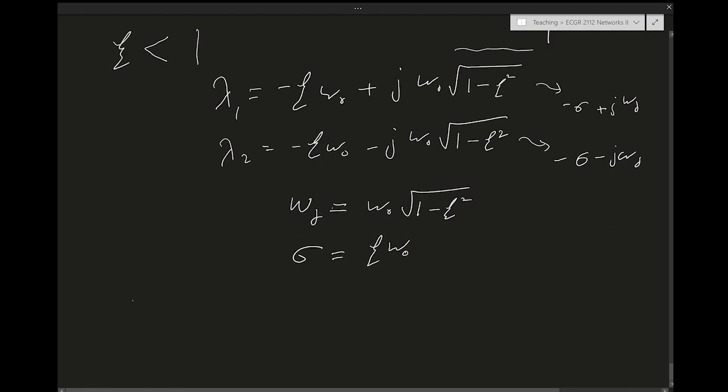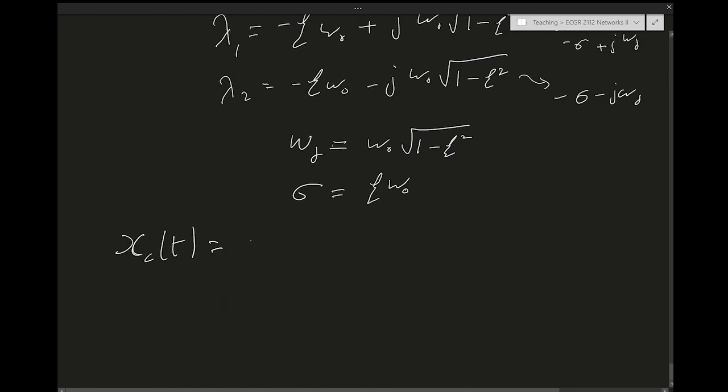Okay, so the homogeneous response, the natural response, is going to be the same in form. It's not going to change. But now we will have an e to the power with j, positive or negative. I can take e to the power minus sigma t out because it's common.